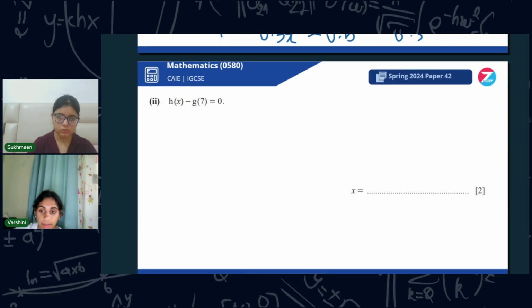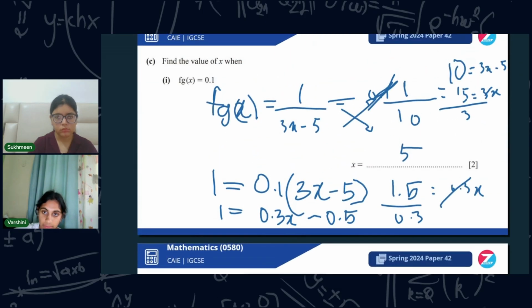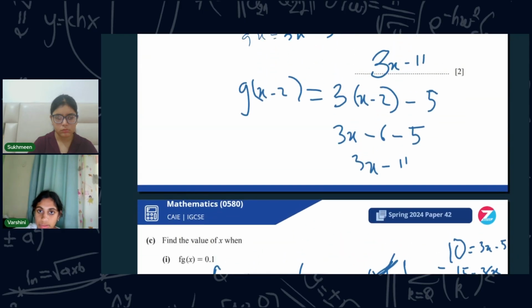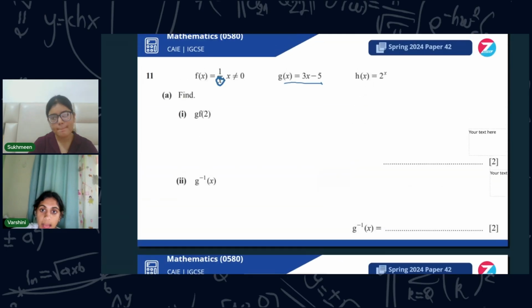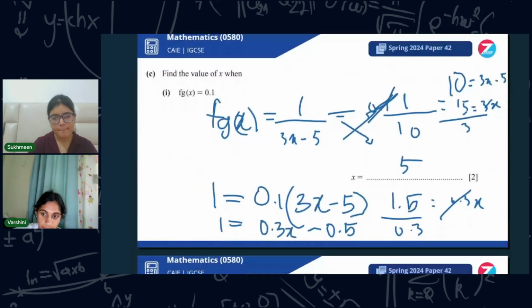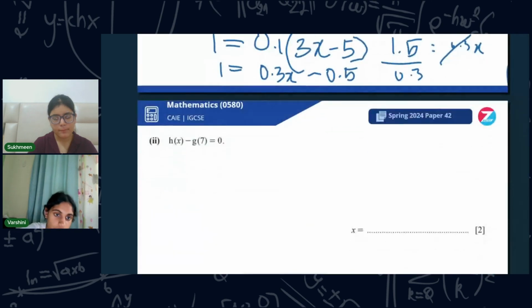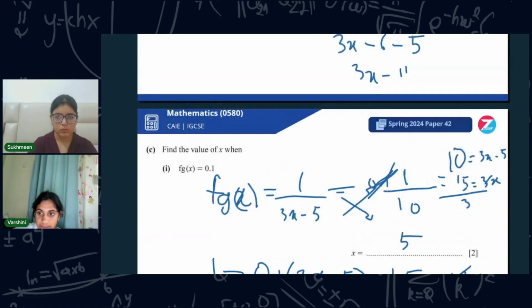Okay. They want h of x minus g of 7 equals 0. So we know h of x over here. They've given us h of x to be 2 to the power x. So 2 to the power x minus, now we just substitute 7 inside g of x.